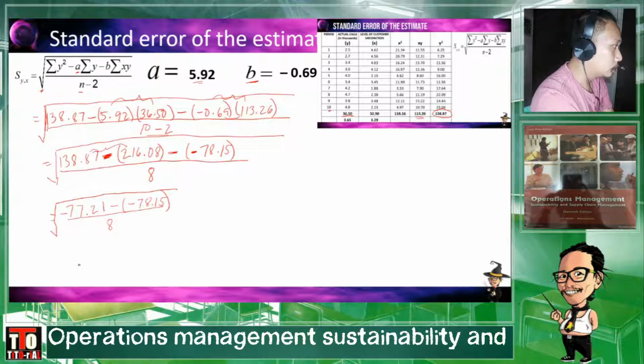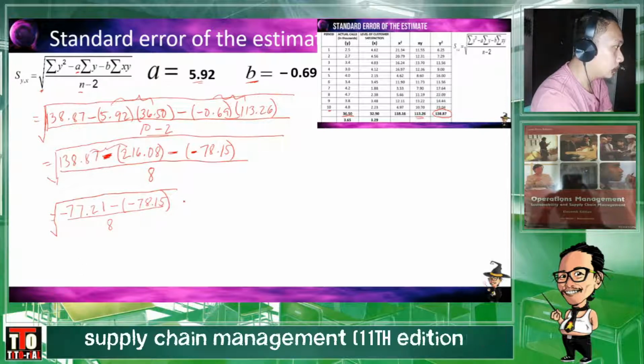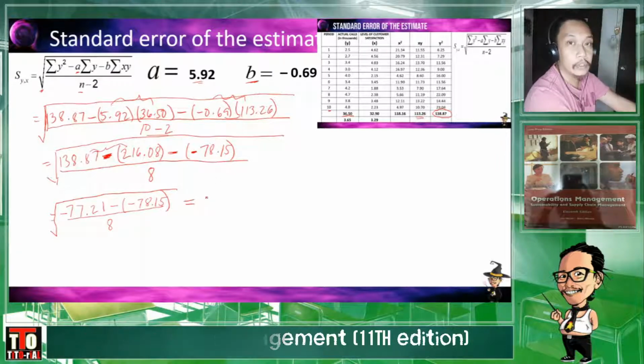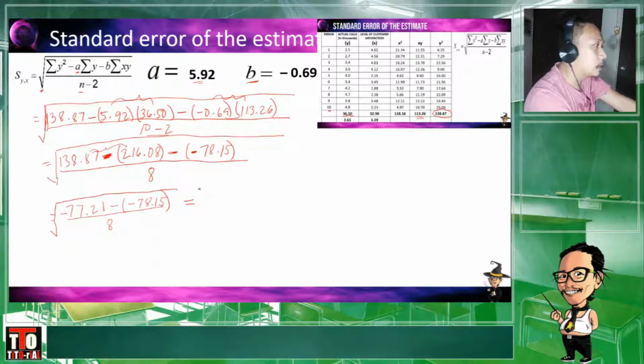So, next. Dito na lang. Yan. So, negative 77.21 minus negative 78.15. So, na-state ko na yung rule kanina, di ba?